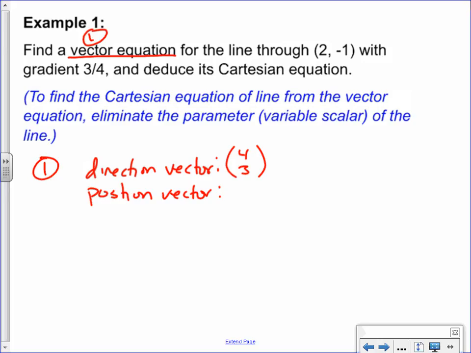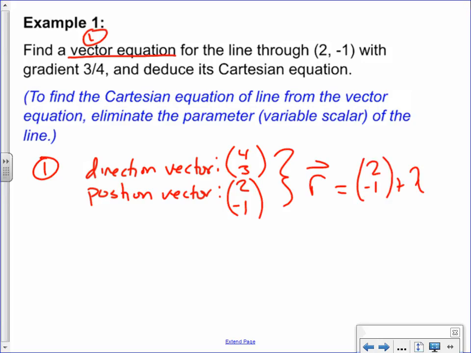Yeah, 2, -1. So putting all this together, the vector equation is going to be the position vector 2, -1 plus lambda 4, 3. So there's the vector equation right here.